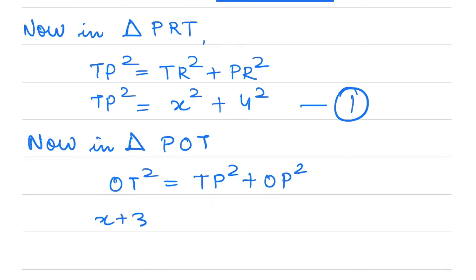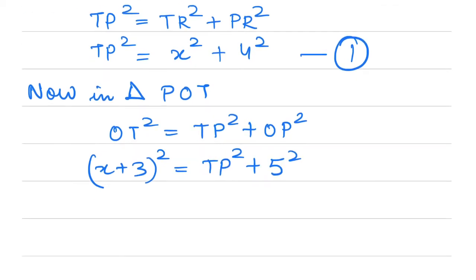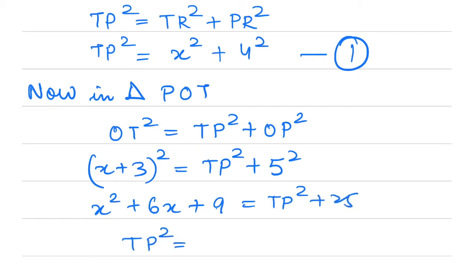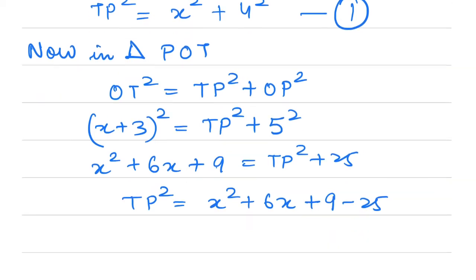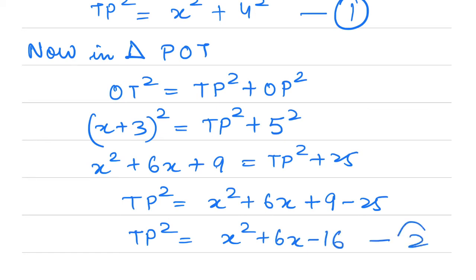OT is x plus 3 whole square is equal to TP square plus OP is 5 square. x square plus 6x plus 9 is equal to TP square plus 25. TP square is equal to x square plus 6x plus 9 minus 25. So TP square is equal to x square plus 6x minus 16. This is the second equation.